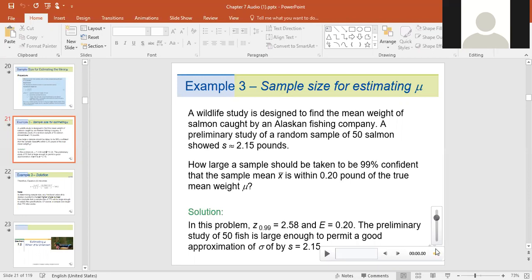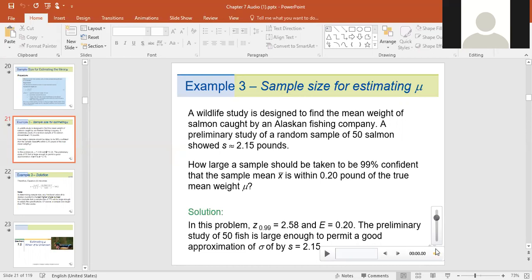The margin of error is E equals T alpha over 2 times S, where S is the sample standard deviation, divided by square root of n.